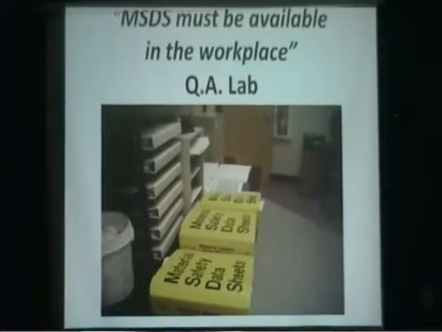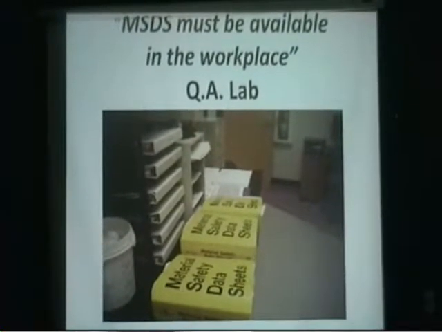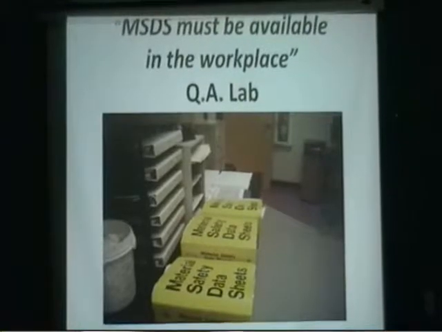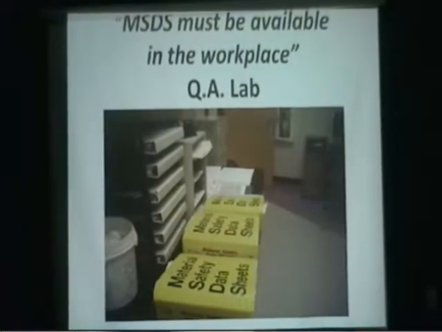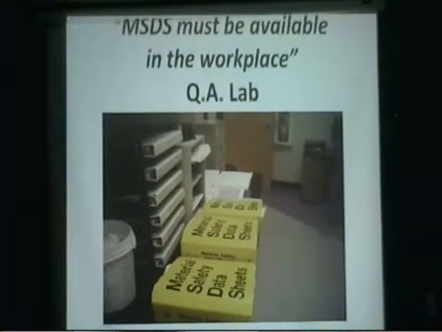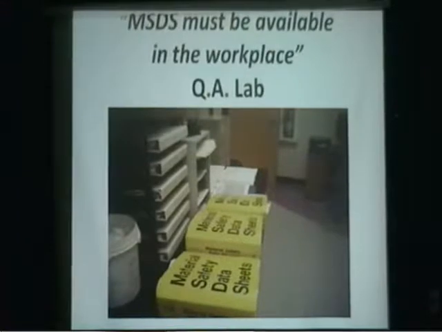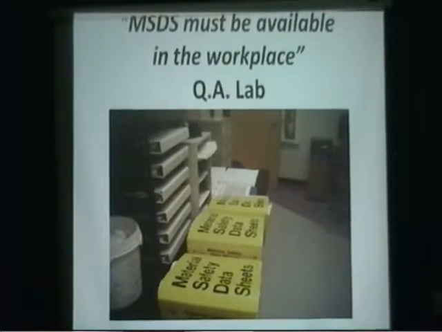Now, Stellar has available for your use and your review MSDS sheets, material safety data sheets, histories of these chemicals in 3 different locations. They'll always be in yellow binders, 3 yellow binders, alphabetized.